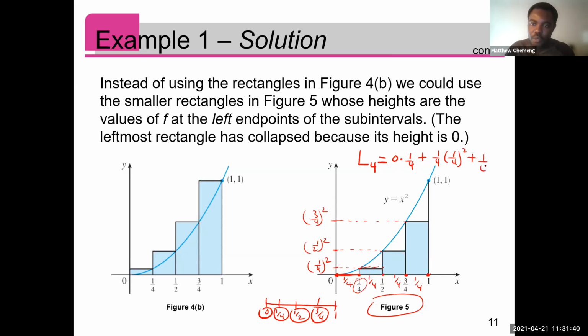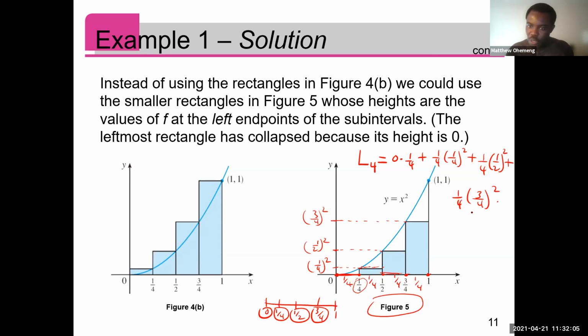For the next strip, 1 over 4 is always the same, that's the distance from here to here, and the height is 1 over 2 squared. For the final strip, we have 1 over 4, and the height determined using the left endpoint is 3 over 4 squared. That'll be the left endpoint approximation.